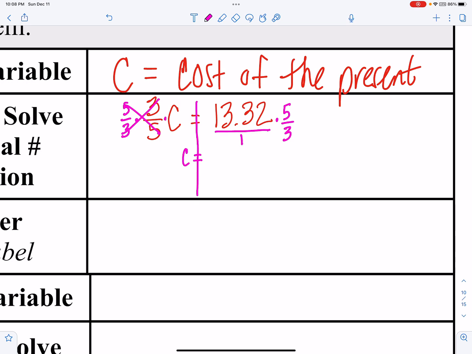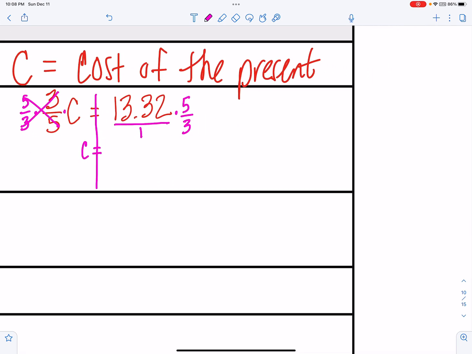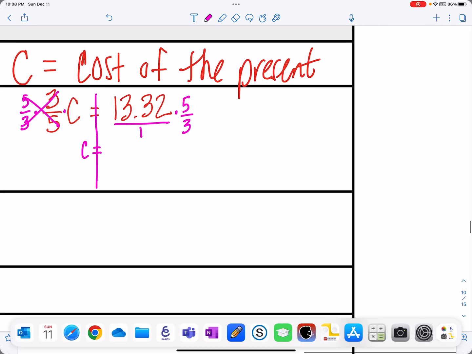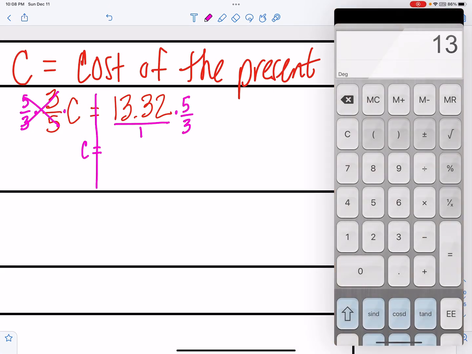So now I can go ahead and multiply straight across. So let's go ahead and do our numerator there with our money. Let me grab my calculator. So $13.32. Notice I'm still talking money as I go, so I don't lose track of that. So I have $66 is my numerator and 60 cents.